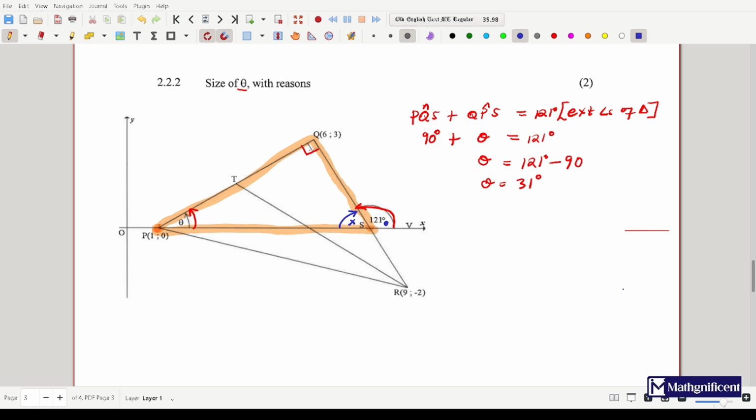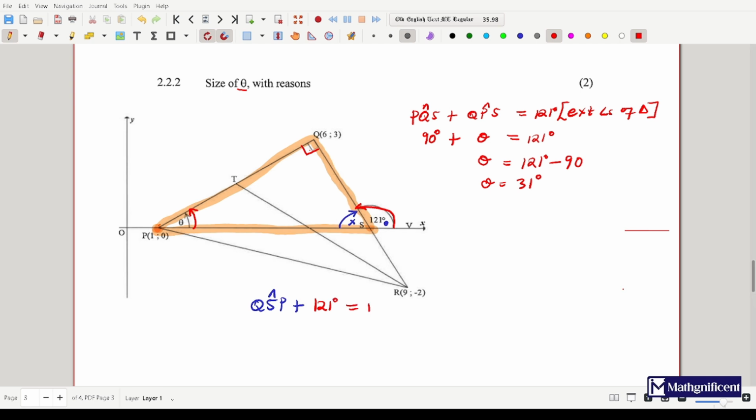The angle that I'm referring to is angle QSP, which is this angle that I've highlighted in blue, plus this angle which is 121 degrees.